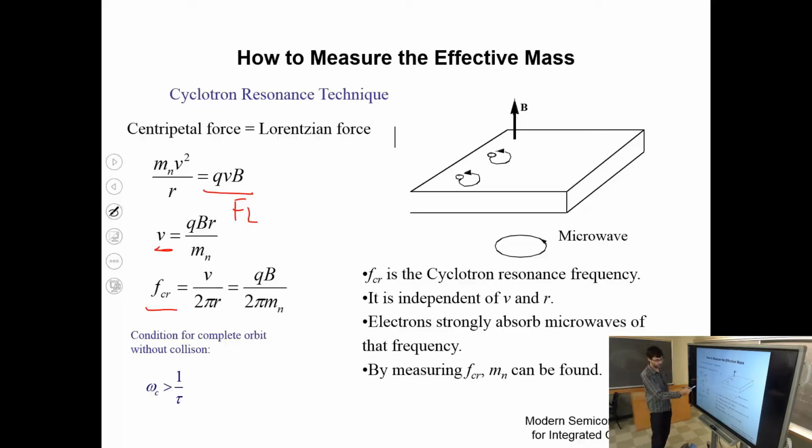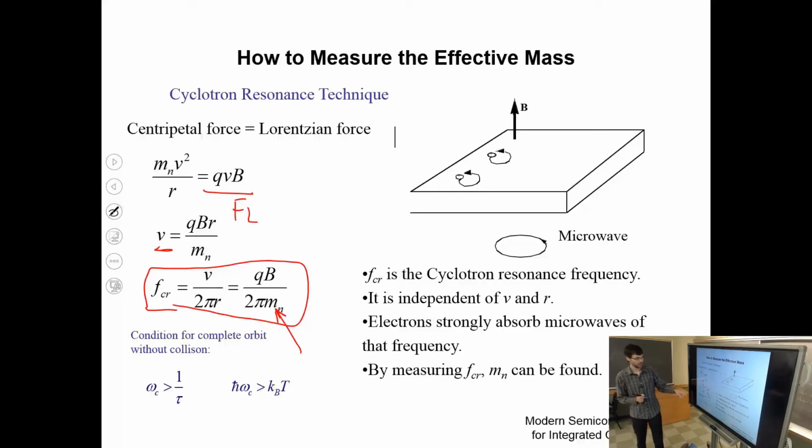And then from this formula for the cyclotron frequency, you know the frequency of the photons that you apply. And if you look at this formula, it just has the charge, the magnetic field, which is also something you control. You can even do this experiment for different fields to convince yourselves that you're measuring something reasonable. And the other parameter here is the mass. So you can get the mass from a cyclotron resonance experiment. There is a condition: remember there is this concept of scattering time.